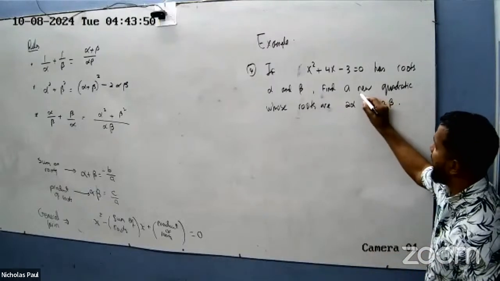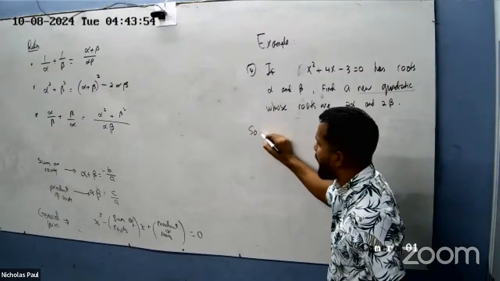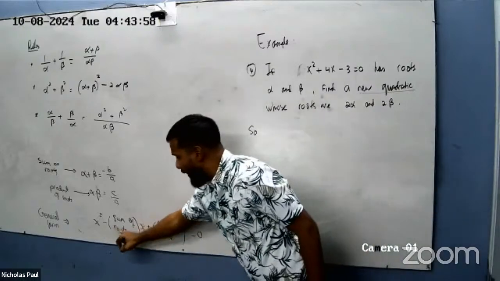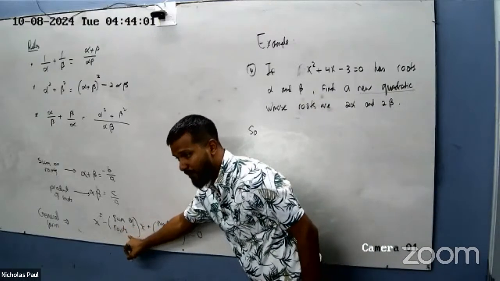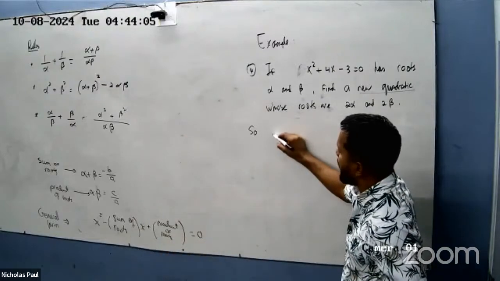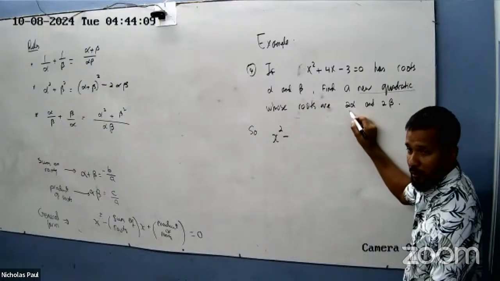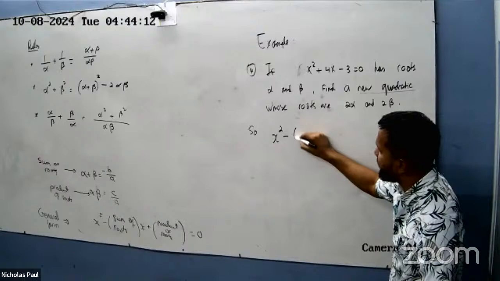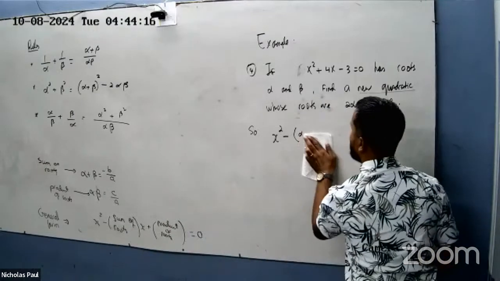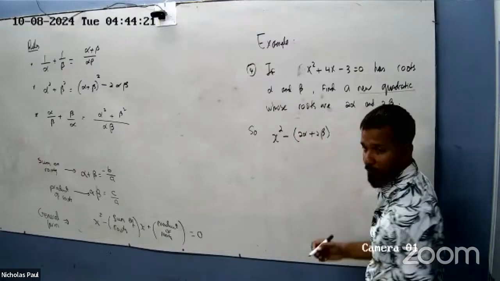I want to get a new quadratic. So how do I write a quadratic again? X squared minus the sum of the new roots plus the product of the roots. So the quadratic will be x squared minus the sum of the new roots.